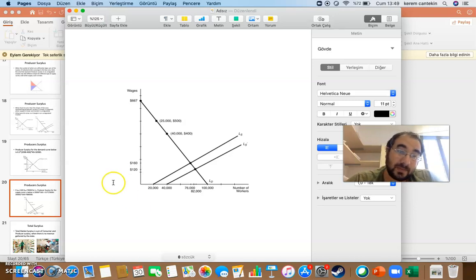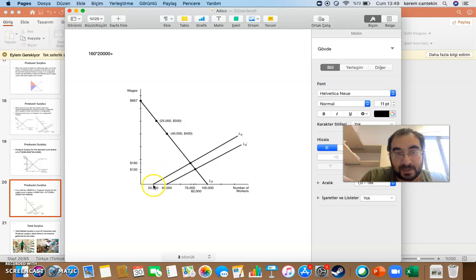So in this case, the producer surplus for this first 20,000 people is all the money they got, 160 times 20,000. For the rest, we need to calculate this triangle.